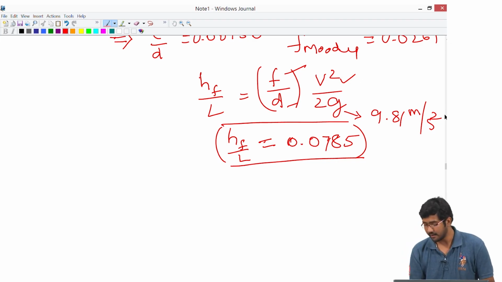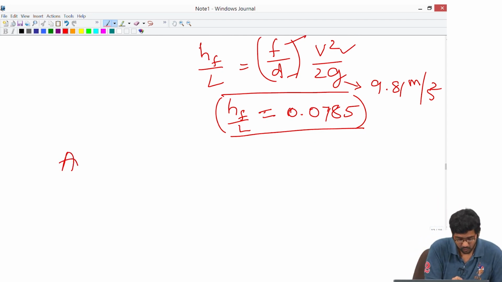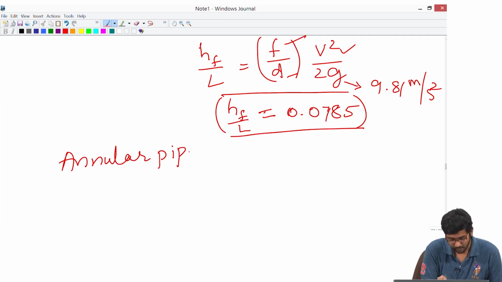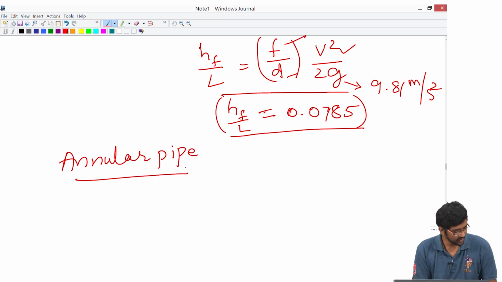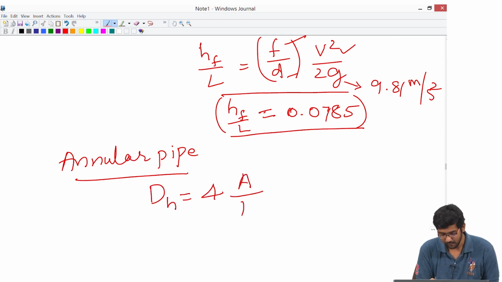We will repeat the calculations for the annular pipe, but in the case of an annular pipe, we need to use the hydraulic diameter, which is defined as 4 times the area by the wetted perimeter.